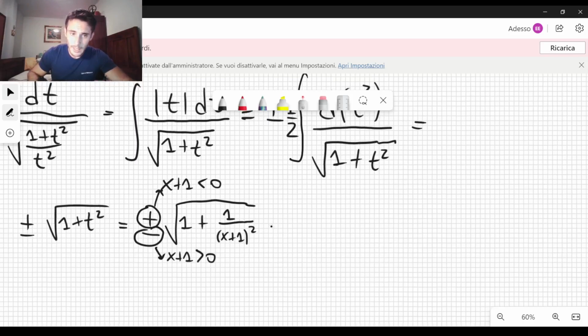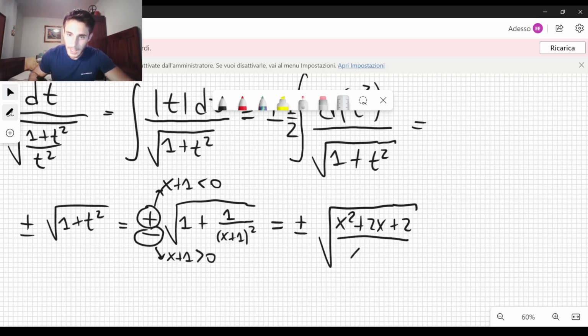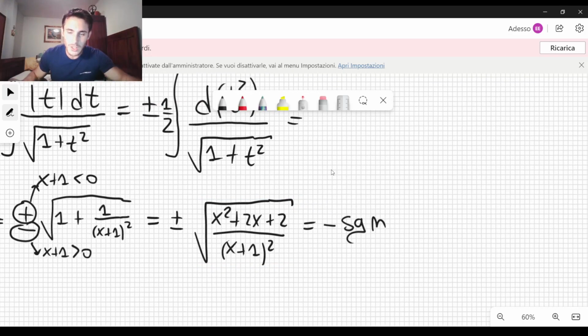Then you can rewrite this as plus or minus the square root of x squared plus 2x plus 2, divided by (x plus 1) squared. Now let's rewrite this plus or minus using the signum function, so this will be minus sgn. This is the function which simply gives you the sign, and by sign I do not mean the trigonometric function, but the sign of a function.